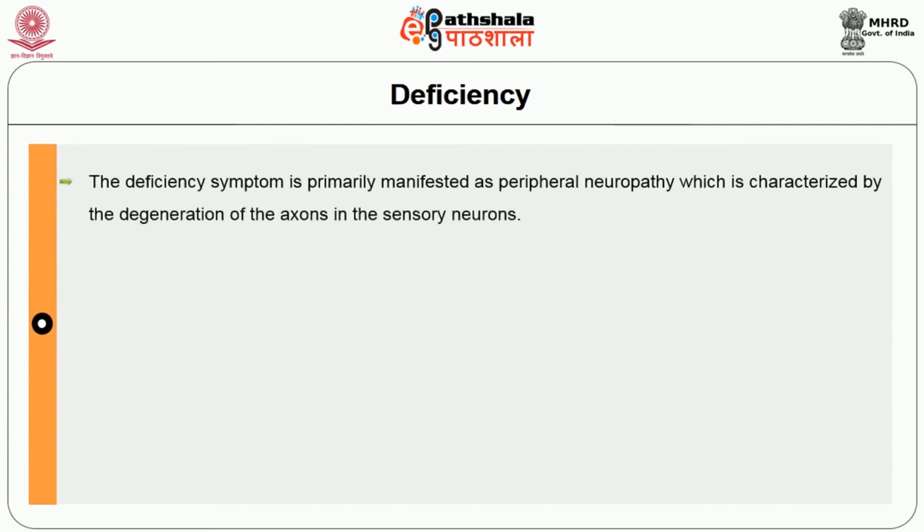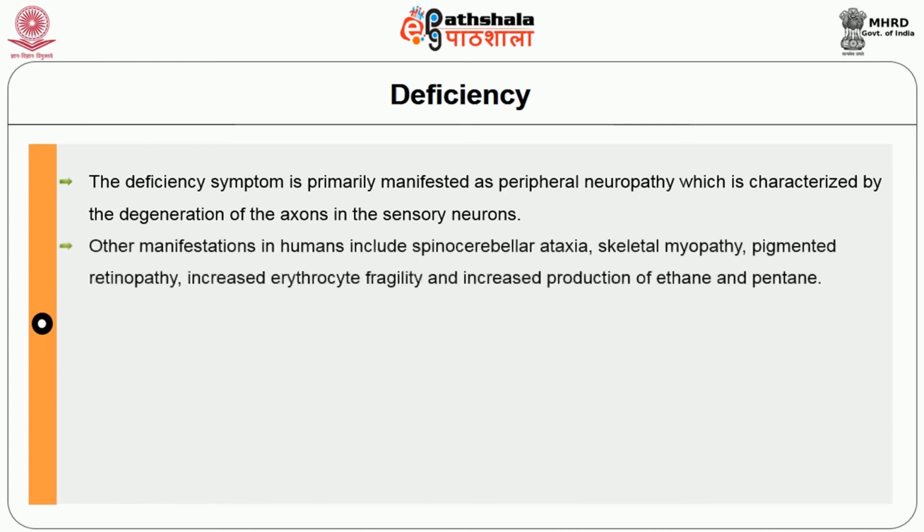The deficiency symptom is primarily manifested as peripheral neuropathy, which is characterized by the degeneration of the axons in the sensory neurons. Other manifestations in humans include spinocerebellar ataxia, skeletal myopathy, pigmented retinopathy, increased erythrocyte fragility, and increased production of ethane and pentane.